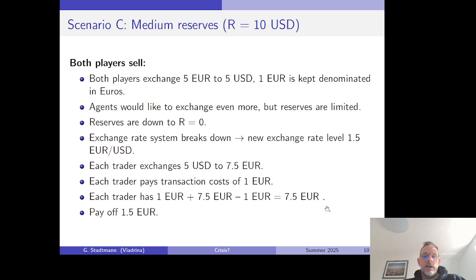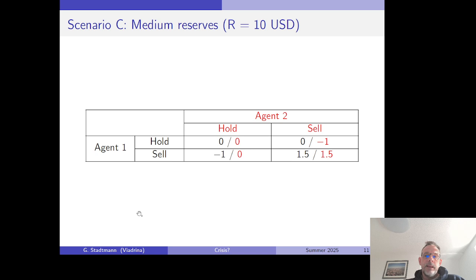So the trader ends up with 7.5 euros. He started with 6, ends up with 7.5, so the payoff is 1.5 euros. So this is now our payoff matrix in scenario C.